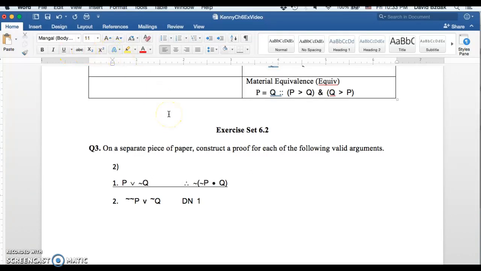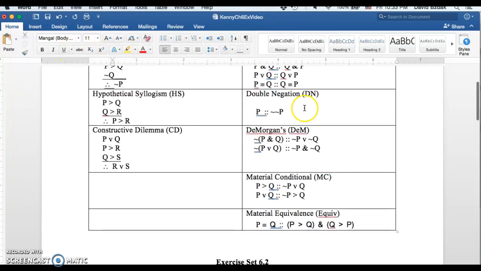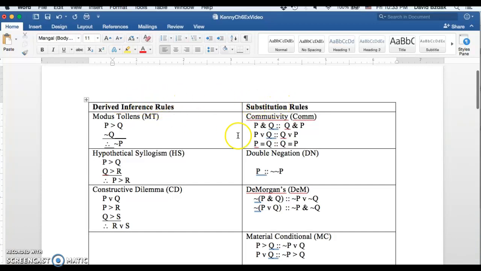Now that brings us to another big difference between the substitution rules and the inference rules. Inference rules can only be applied to whole sentences. To do modus tollens, you need a sentence whose main operator is a conditional, and then you need the negation of that consequent to get the negation of the antecedent. If you have a sentence whose main operator is not a conditional, then modus tollens is not going to work.